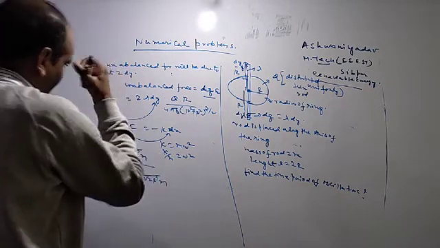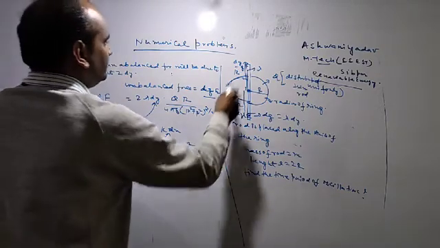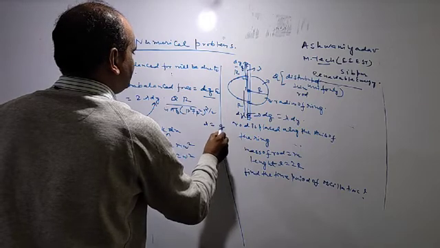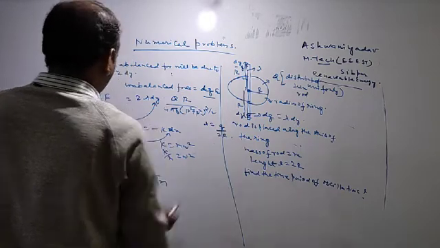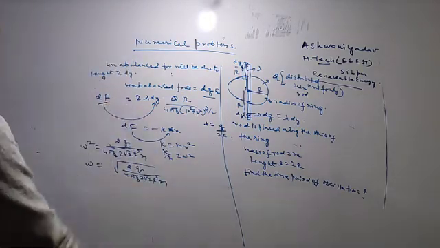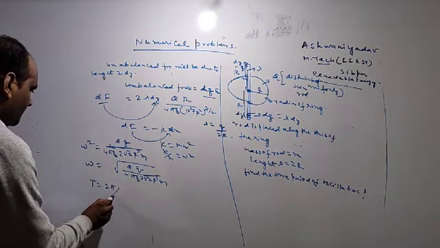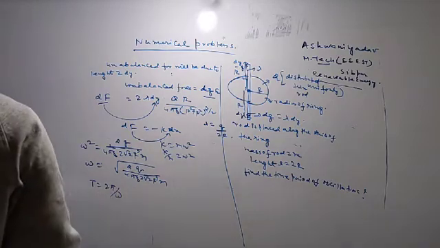Okay, I skipped one term. We have defined lambda, that is nothing but q by 2r. Just put it here, you will get this expression. Now the time period T is equal to 2 pi by omega. This will be the answer.